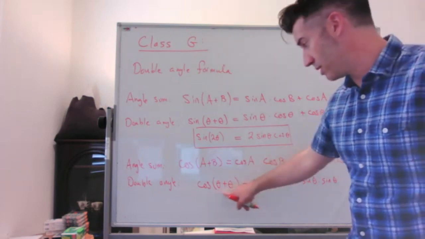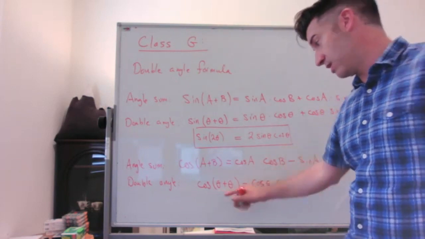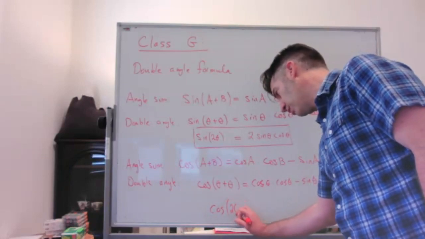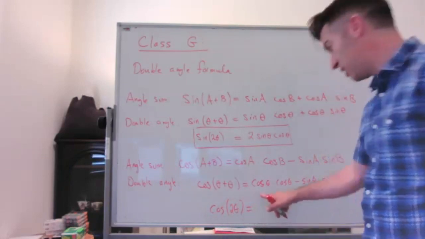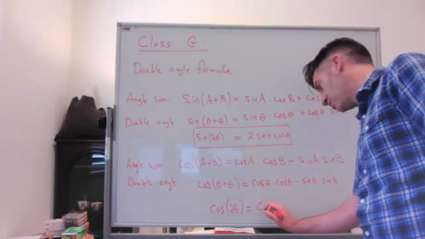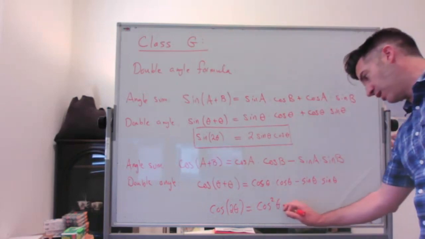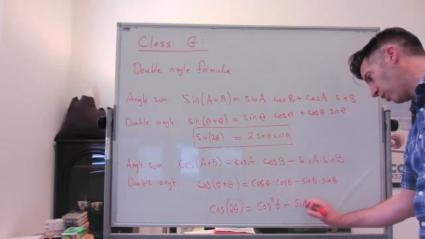And we can rewrite theta plus theta as 2 theta. So this is cosine of 2 theta. And cosine of theta times cosine of theta is cosine squared of theta. And sine of theta times sine of theta is sine squared of theta.